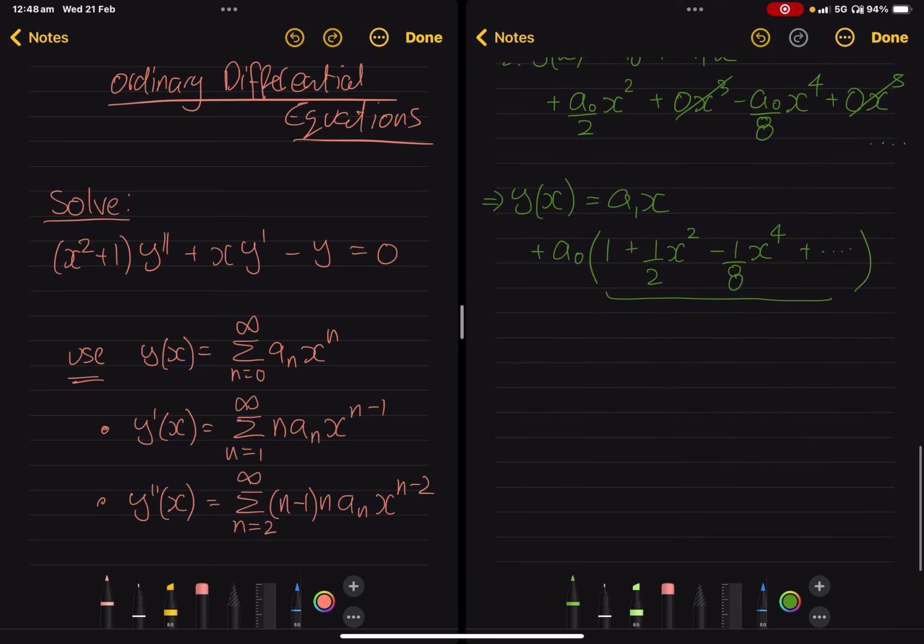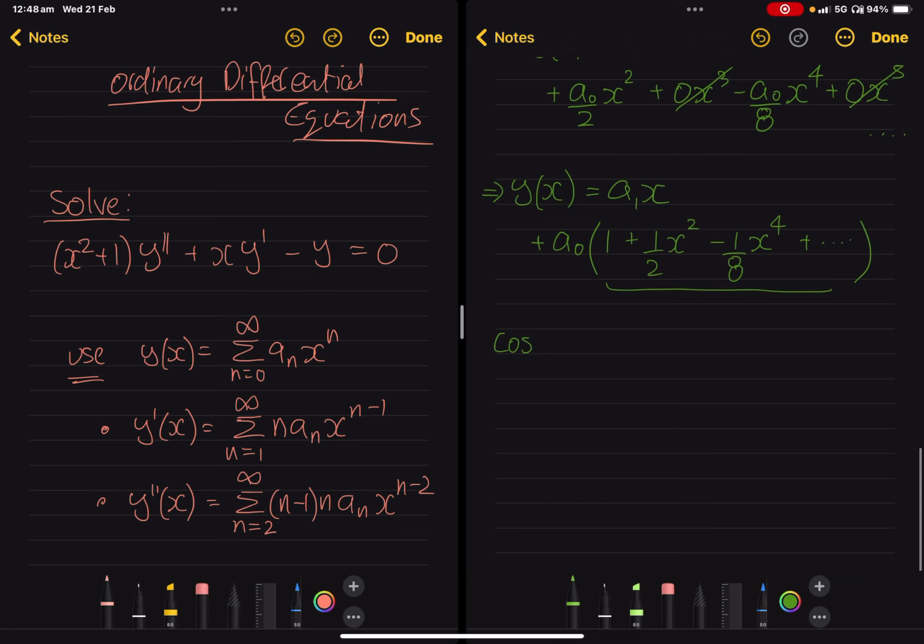So a cosine expansion, cosine of x, we know is 1 minus x squared on 2 factorial plus x to the 4 on 4 factorial minus x to the 6 on 6 factorial, and so on. This looks very similar to the expression that we have here. One problem is that the signs are wrong. So we would have to find a way to rearrange this in order to change the sign of the 1/2 and change the sign of the 1/8.